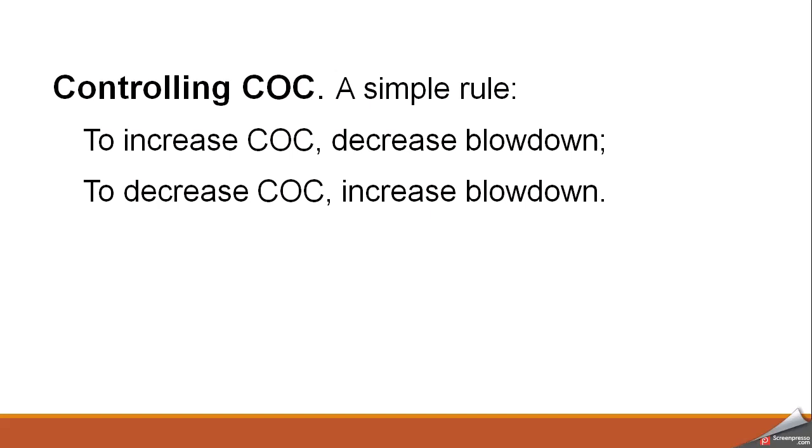There is no thumb rule that you can operate on any single value, but it depends upon the makeup water, temperatures, and other operating conditions of the cooling tower to optimize this cycle of concentration.